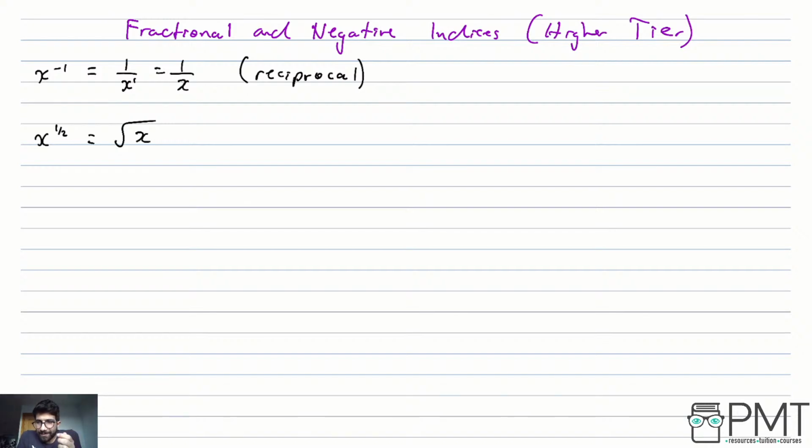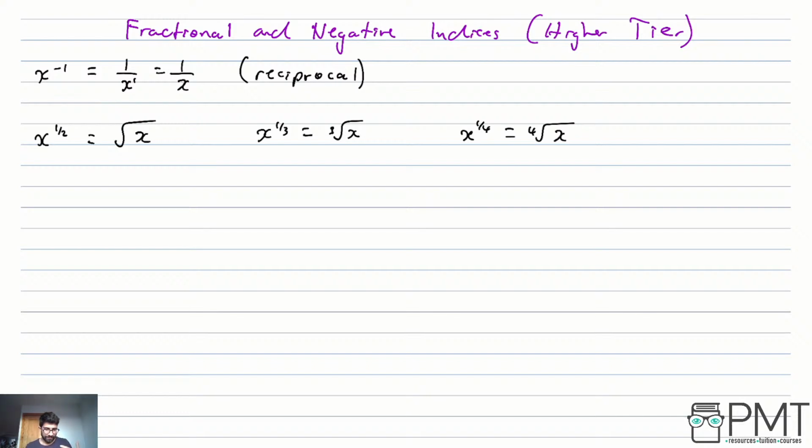What about x to the, say, a third? This is the third root or the cube root of x, and so on. You can extend this. You can go fourth. This is the fourth root of x, and so on.